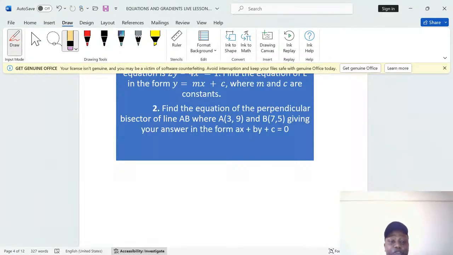A perpendicular bisector, first of all, we know that the line will be perpendicular to AB. But apart from that, something else we should note is that this line passes through the midpoint of AB.